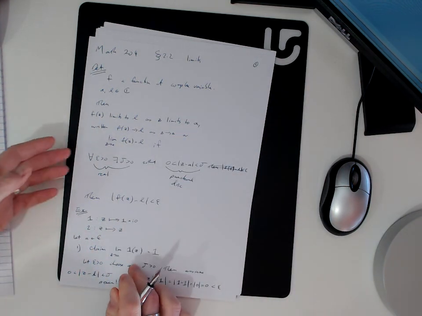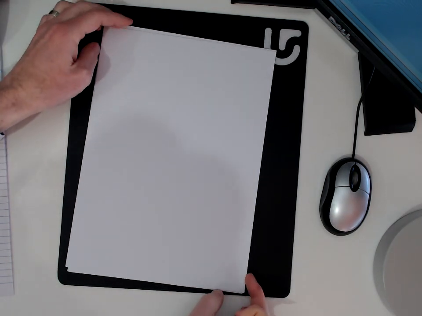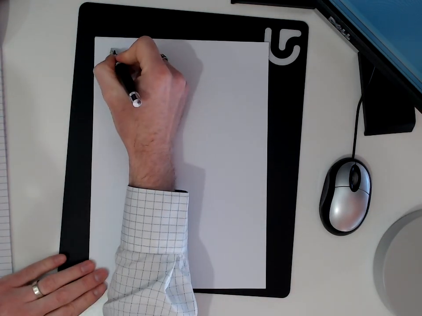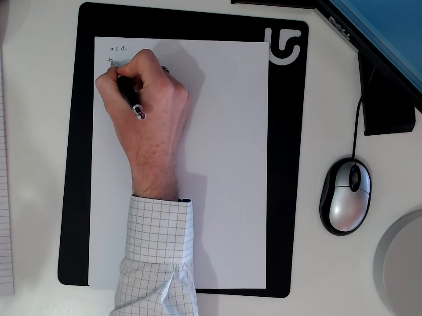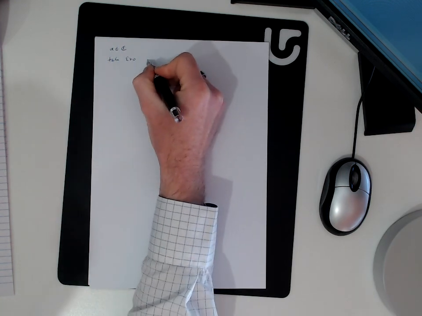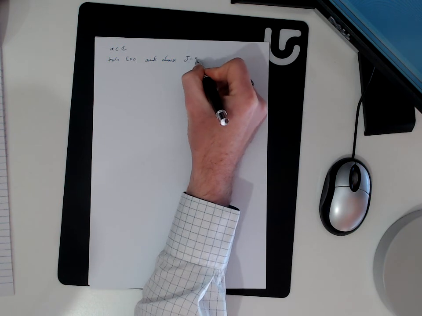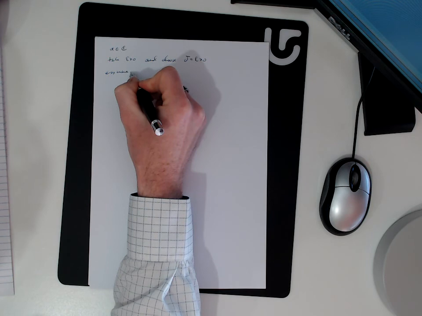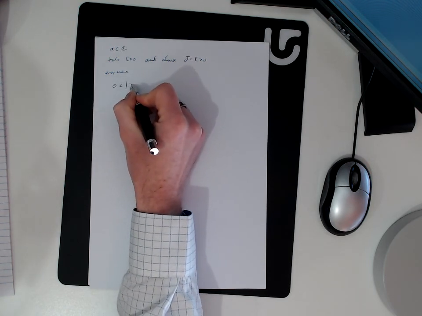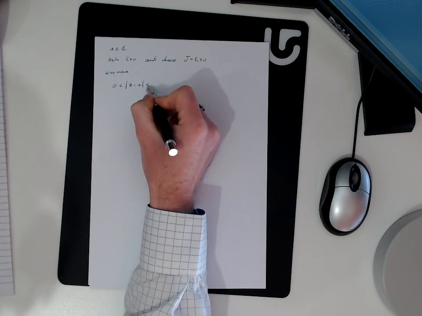And I understand your frustration. Maybe it's a little trivial somehow, or obvious. Let's do it for the other case. So we'll take a in C, take epsilon greater than 0 and choose delta equal to epsilon, which is a fine choice. Assume we have z minus a is less than delta.